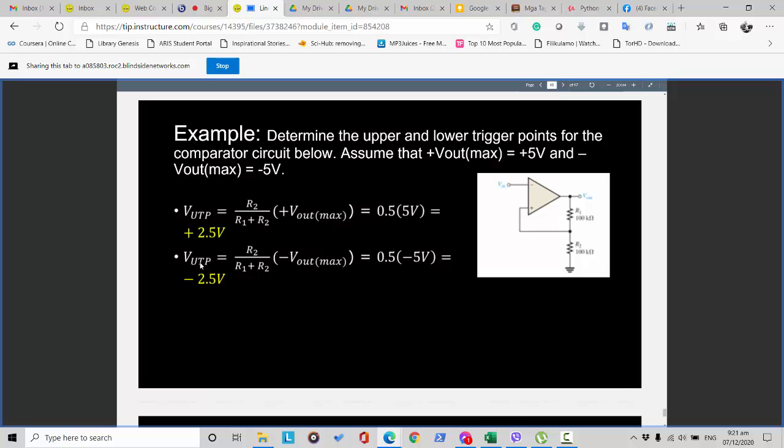Now this one is wrong, sorry for this typo. This should be LTP. The LTP uses the negative voltage, so therefore the answer should be negative. So that will be equal to negative 2.5 volts.